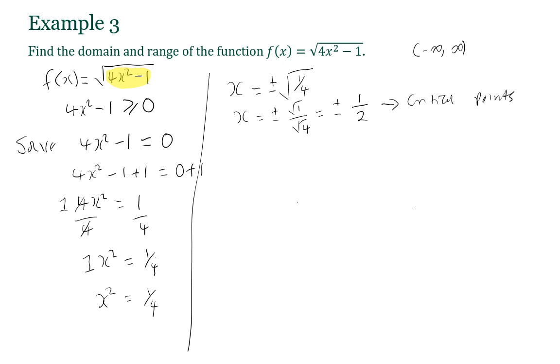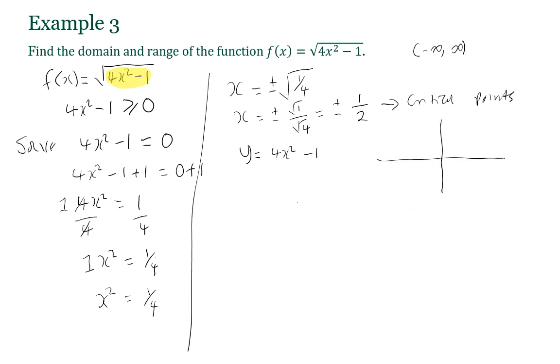Then the next thing is, remember, if you have y equal to 4x squared minus 1, since the coefficient of x squared is positive 4, then we have a U-shaped curve that intersects the x-axis at minus 1 over 2 and 1 over 2. So we'll have something like this.